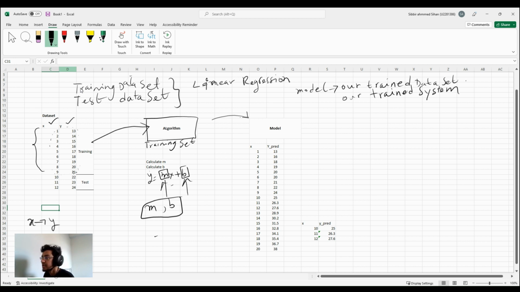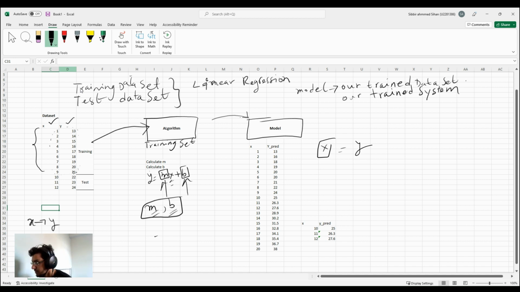How does it predict the future value of x and give us the value y based on this formula? What it has now is a model, because once we have this m and b defined, then we can call it a model.